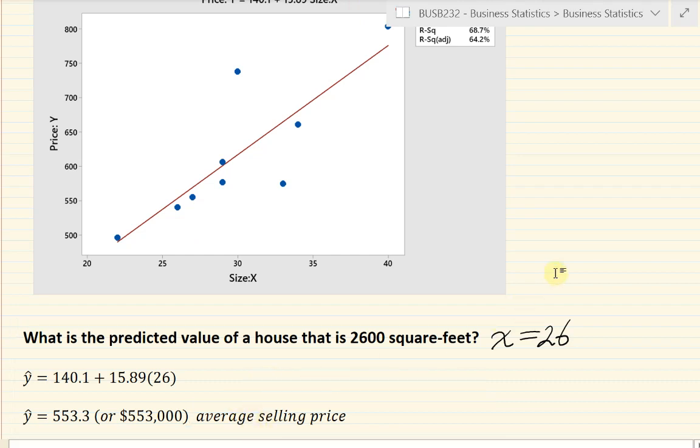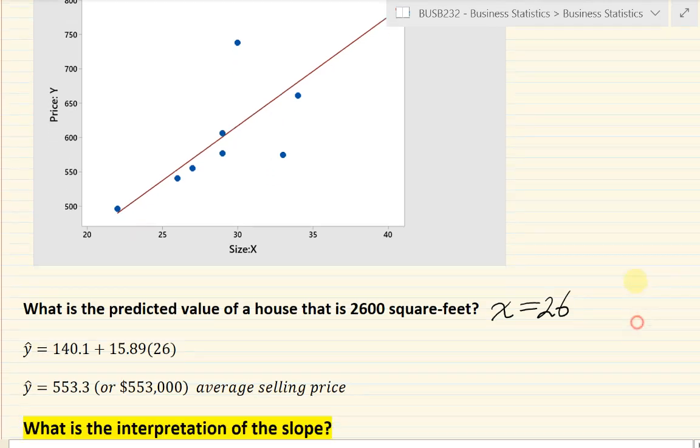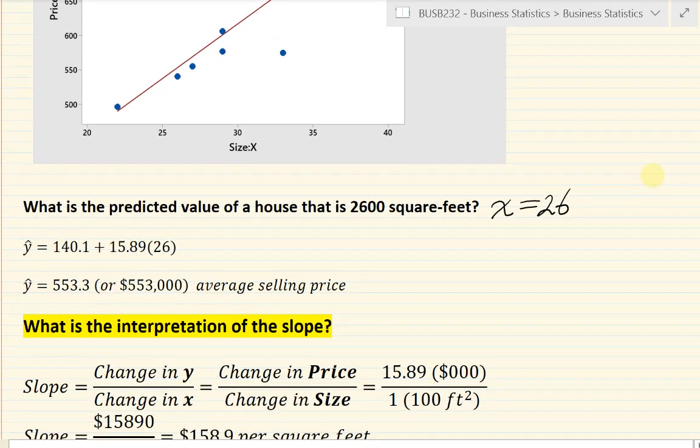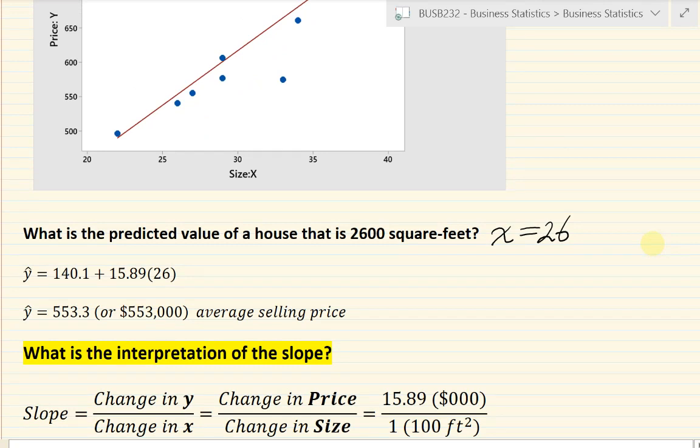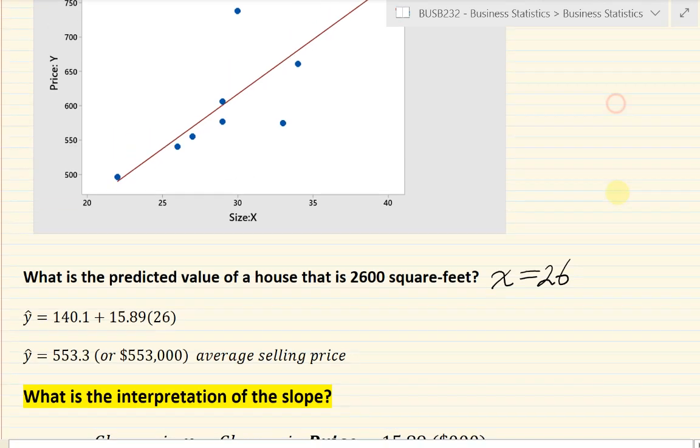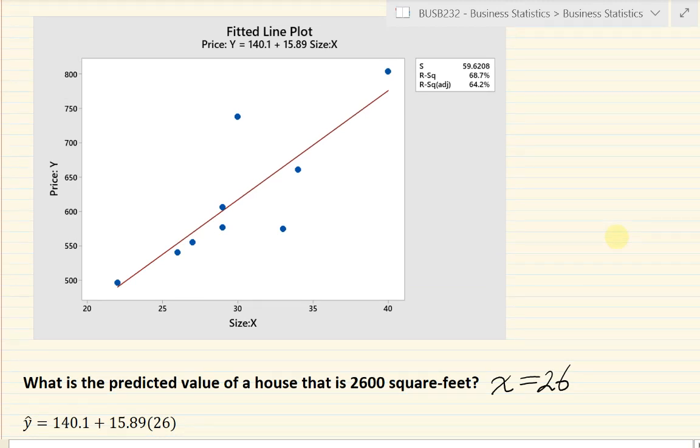And now let's actually continue on, and let's take a look at the interpretation of the slope here. In a regression analysis, we don't really care about the interpretation of the y-intercept, especially in this example. Look at what I'm doing with the line.